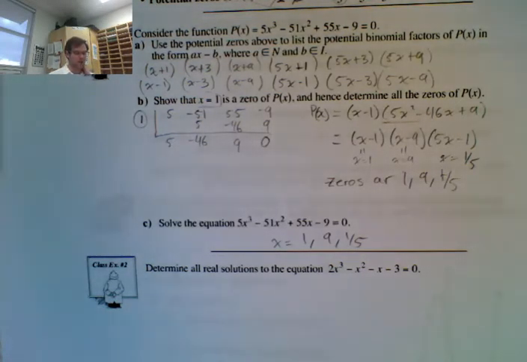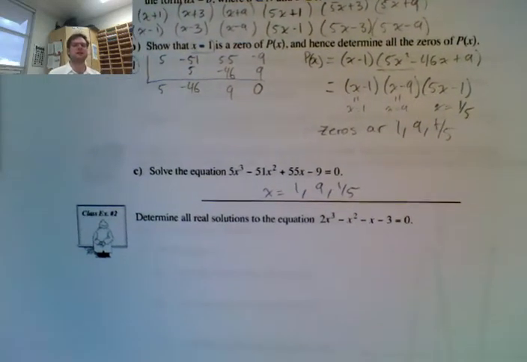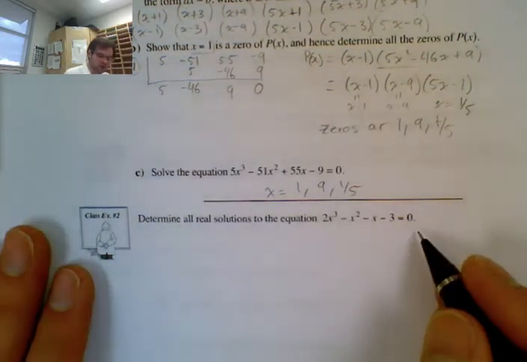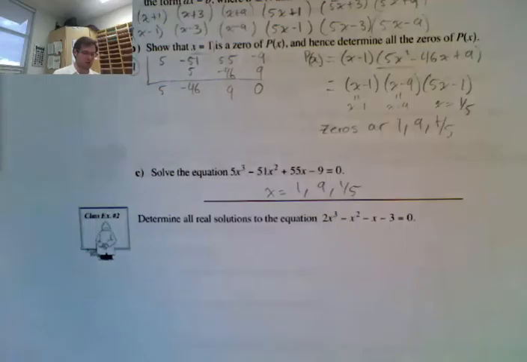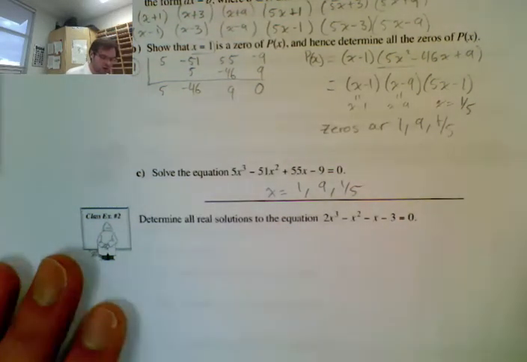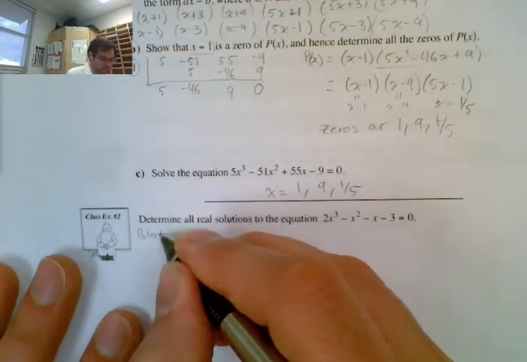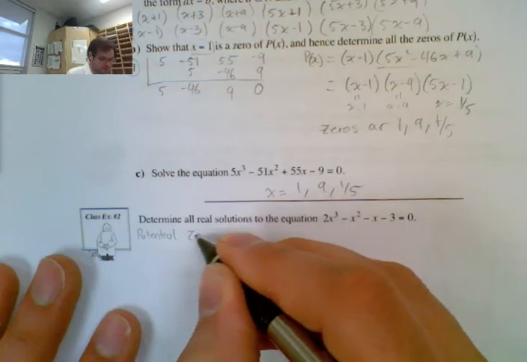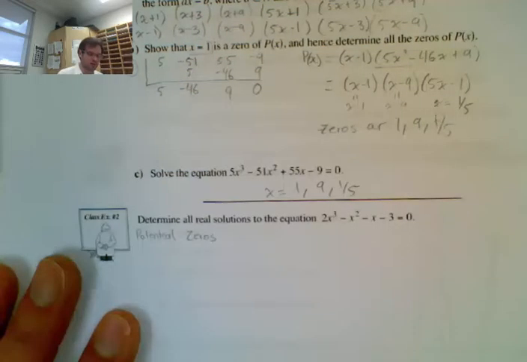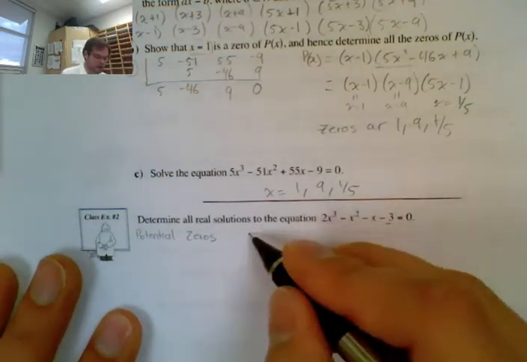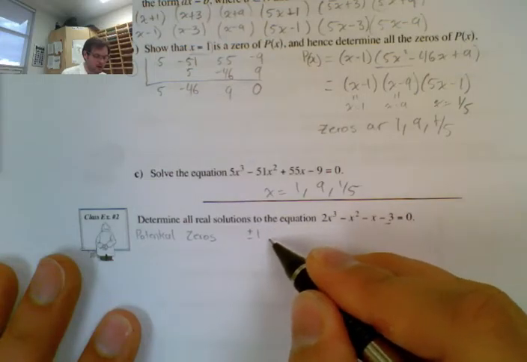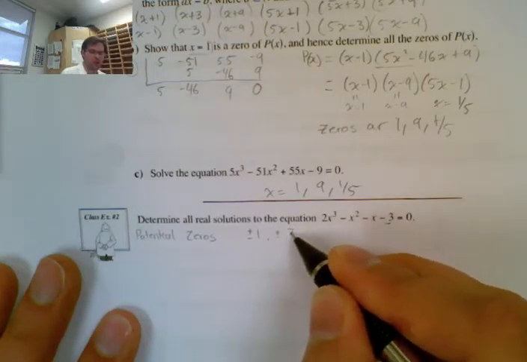So now the next one here, second class example, it says determine all solutions to this following equation. So I'm going to look at this here. First of all, we have to say what are the possible real solutions. So my potential zeros are going to be, first I'm going to look at my numerators, which could be plus or minus 1 and plus or minus 3.